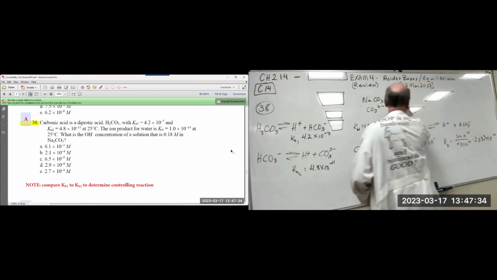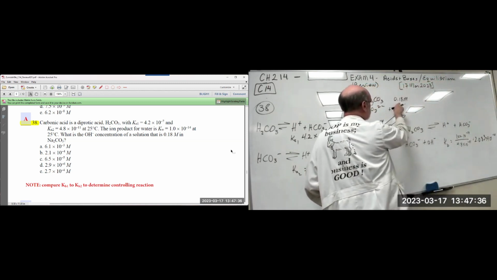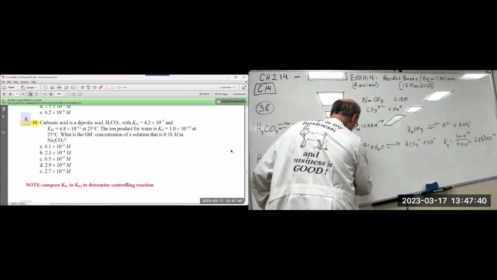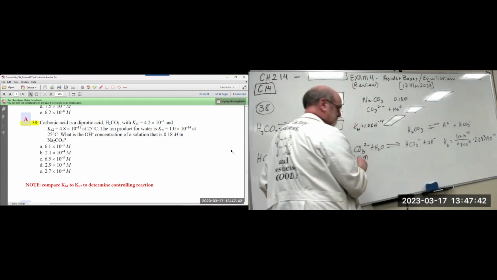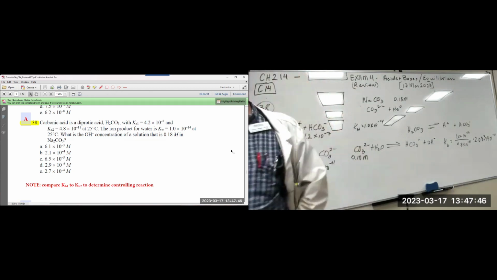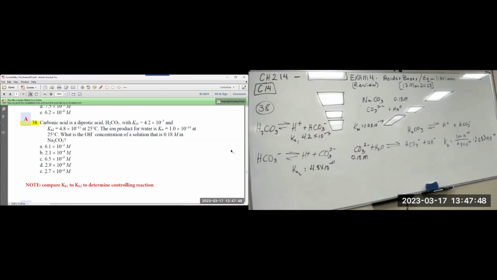So we're going to have this much in solution, 0.18 molar of this one. Let me see if I'm on the right track so I won't waste your time. I think I know where I'm going.